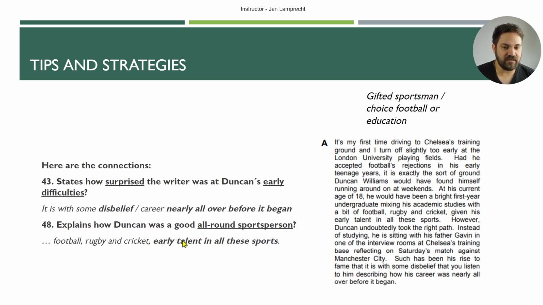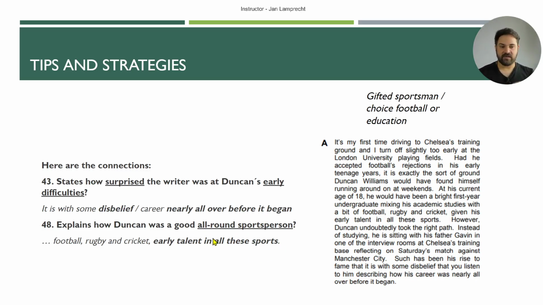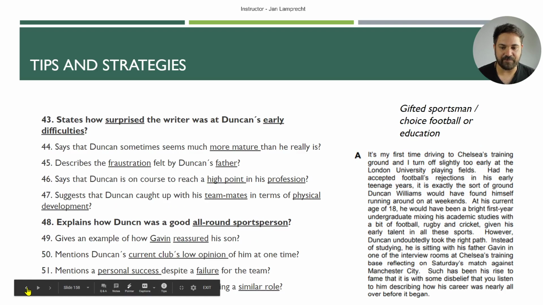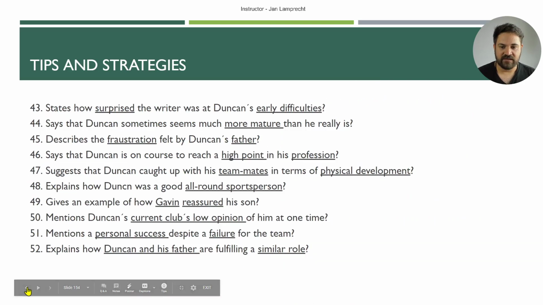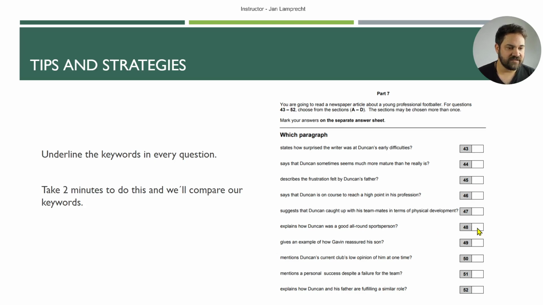All-round sportsman, early talent in all these sports. So these are the connections that say exactly that 43 and 48 would be answered as A. So going back, 43 would be A. 48 would be A. So now we're finished with A.